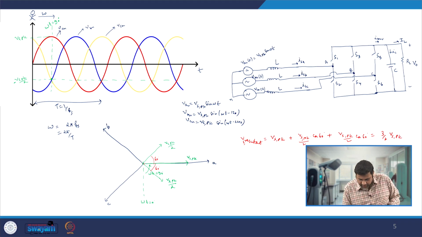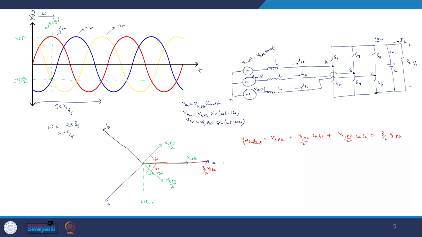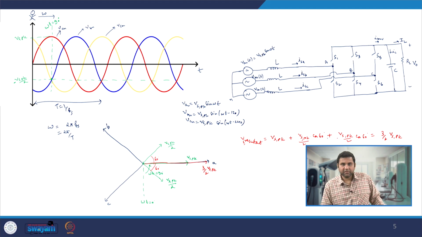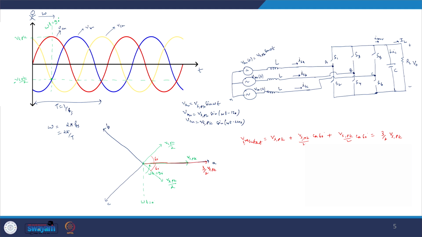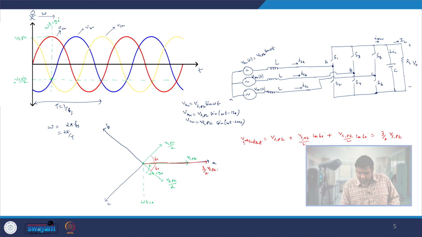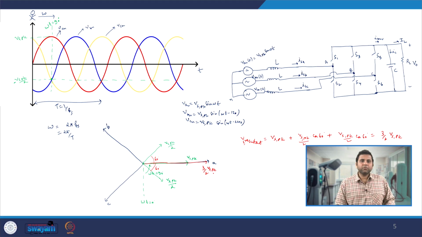So the resultant along the A axis is 3 by 2 Vs peak, because cos 60 is 1 by 2. This is Vs peak by 4 plus Vs peak by 4, so the resultant will be 3 by 2 Vs peak. So when we moved by omega t equal to 90 degrees, the resultant voltage applied is nothing but 3 by 2 Vs peak. Why? Because in space the B and C phases are already displaced by 120 degrees.